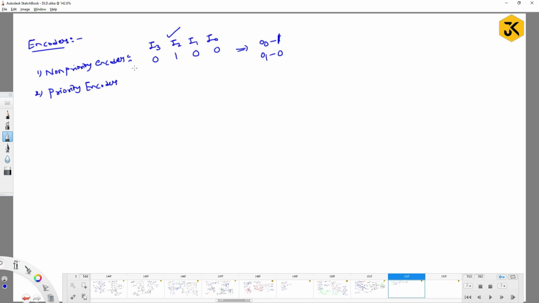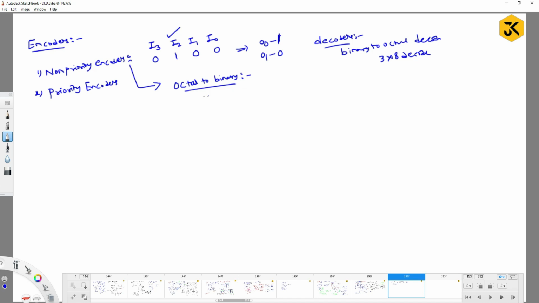So basically these non-priority encoders are useful to convert octal to binary. Earlier, while discussing decoders, we saw how to convert binary to octal, which requires a 3/8 decoder. Similarly, here you can construct an octal to binary conversion encoder.